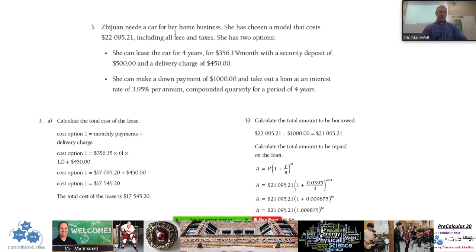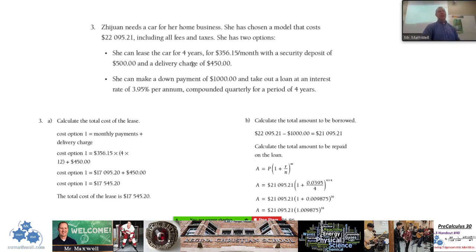She can lease the car for 4 years at $356 a month with a security deposit of $500 and a delivery charge of $450. That's one option, to lease. The second option would be to make a down payment and then take out a loan and basically buy the car. Okay?